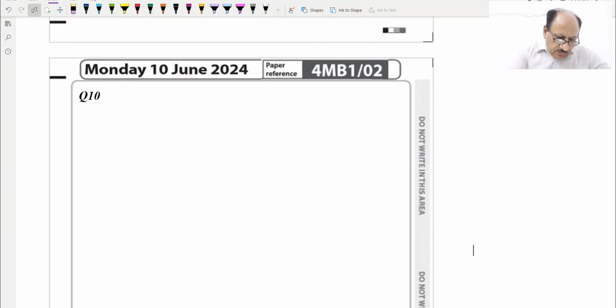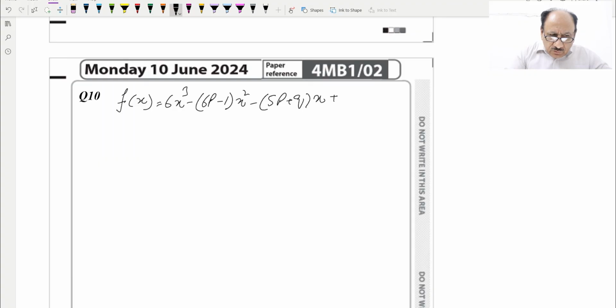Question number 10, f of x is given. So I will copy here. f of x is equal to 6x cubed minus (6p minus 1)x squared minus (5p plus q)x plus 2, where p and q are integers.